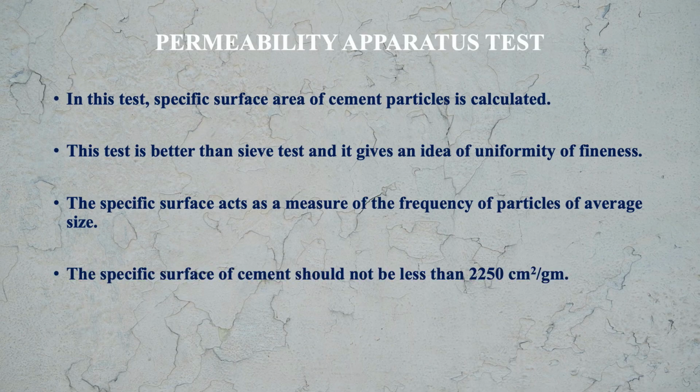The specific surface of cement should not be less than 2250 centimeter square per gram. It means it is the surface area per unit weight basically. So this is the requirement of the code, that the specific surface of the cement should not be less than 2250 centimeter square per gram.